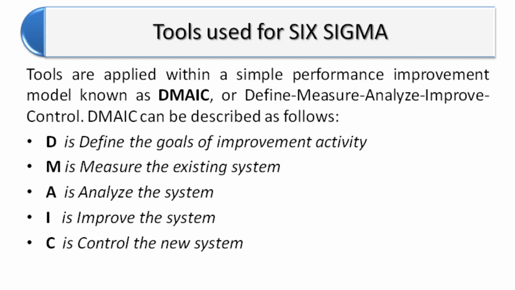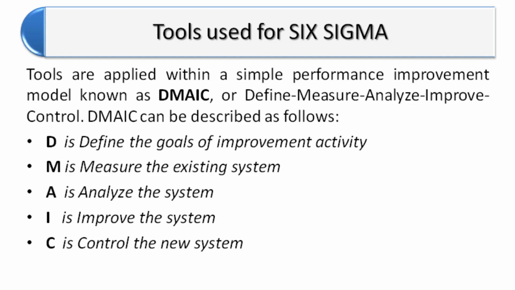Here A stands for analyze the system, to identify ways to eliminate the gap between the current performance of the system or process and the desired goal. You have to apply statistical tools to guide the analysis.